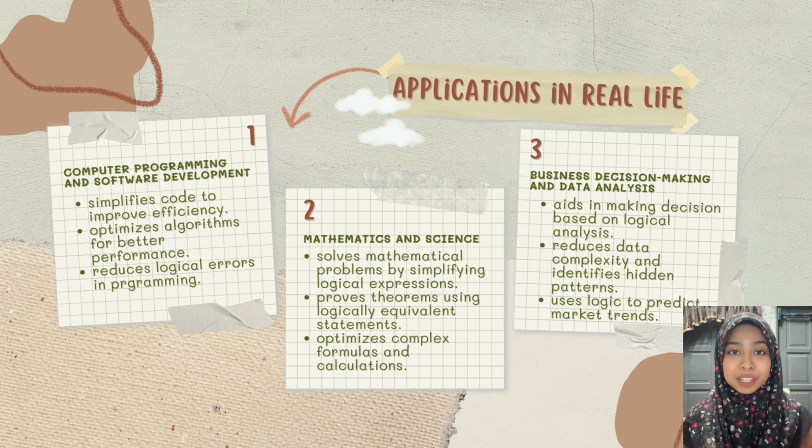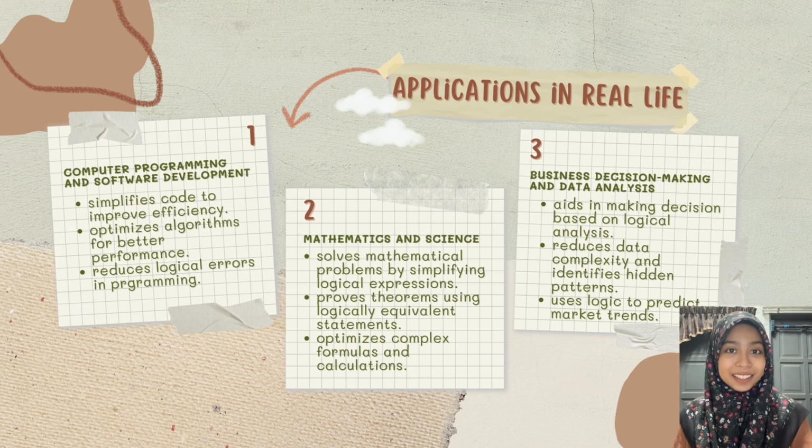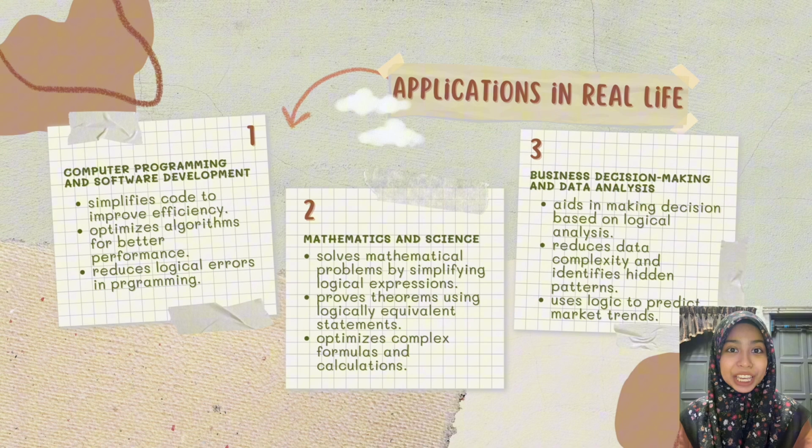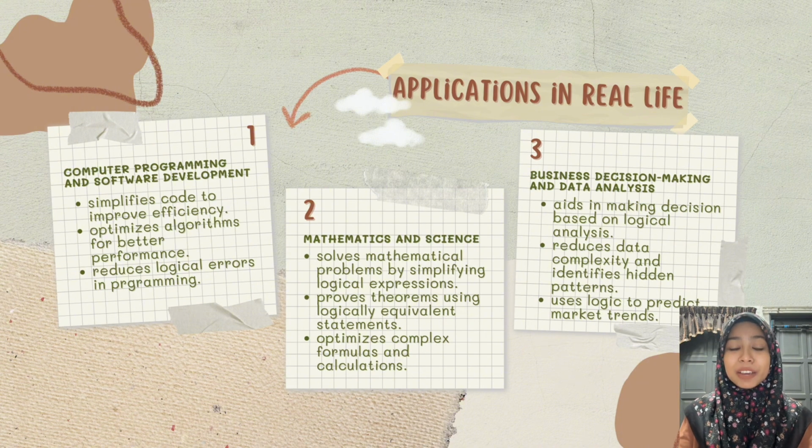And lastly, did you know that business decision-making and data analysis also use logical equivalence? Logical equivalence is valuable in business as it aids in making sound decisions through logical analysis of data and information.